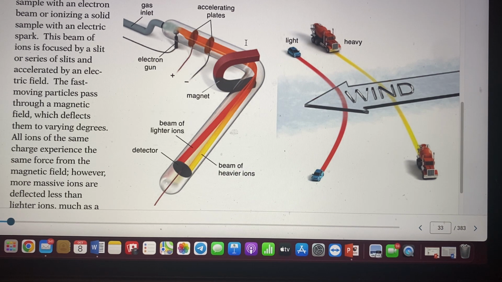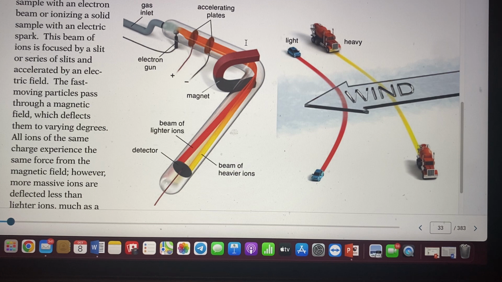So the ions of the element to be studied are produced by either bombarding a gaseous sample with an electron beam or ionizing the solid sample with a spark. That's how they did this, as these ions travel, to figure out which ones are heavier than the others.